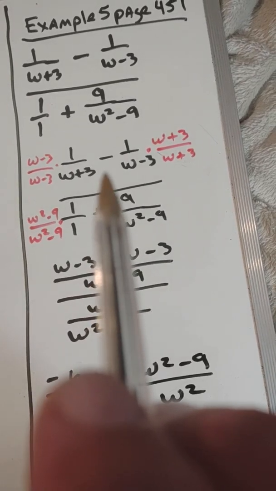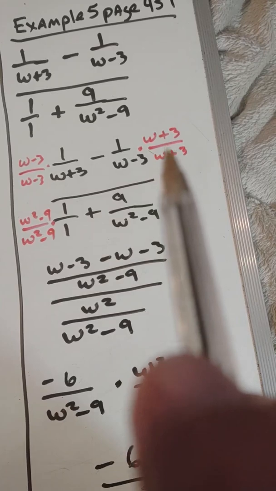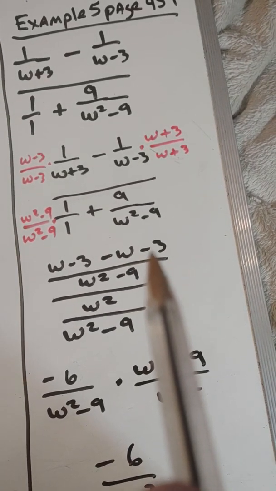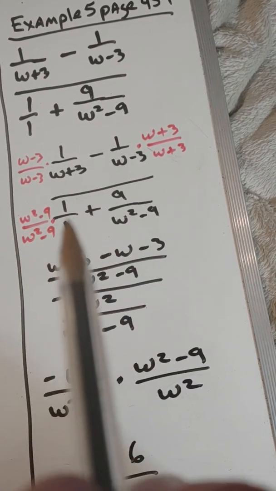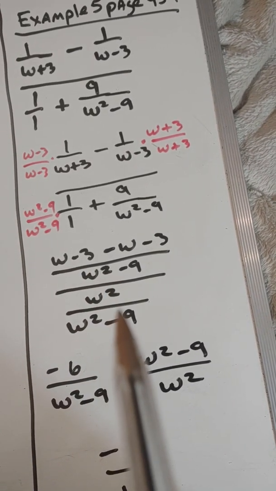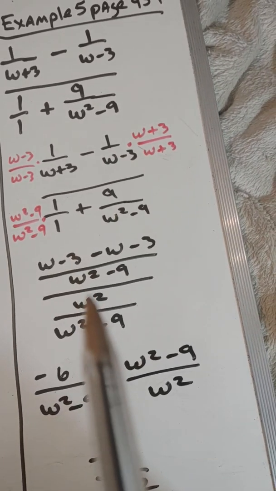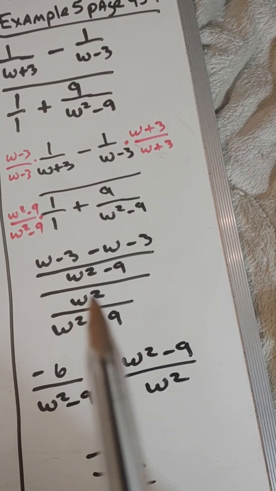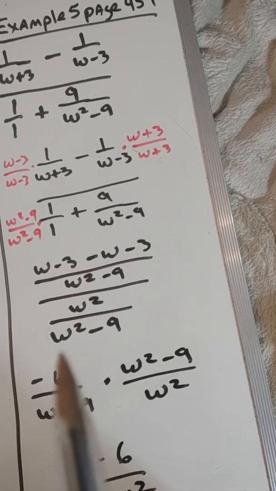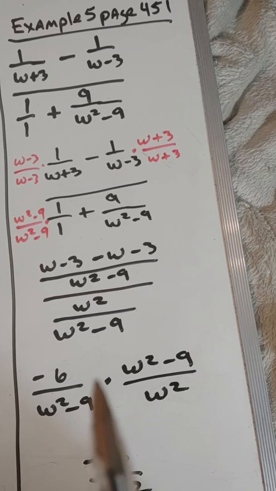Remember, I got the minus here, so it's a minus 1 times w, which gives me minus w, and it's a minus 1 times plus 3, which gives me minus 3. Here, I get w squared minus 9 plus 9. The 9's cancel and gives me just w squared. So here the w's cancel and gives me minus 6. I get minus 6 over w squared minus 9.